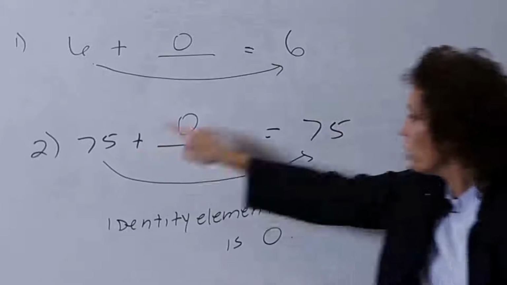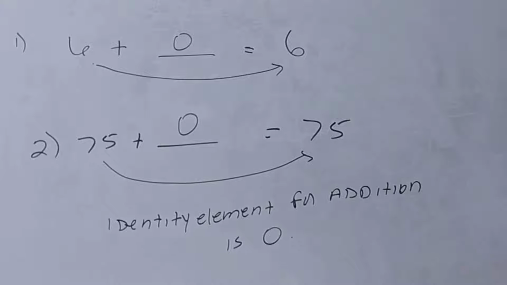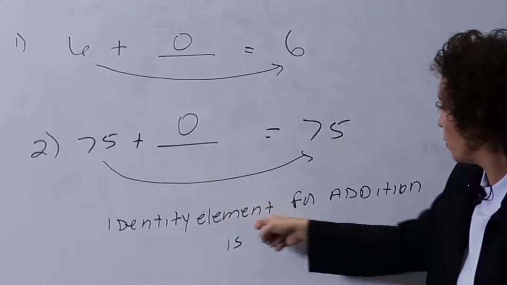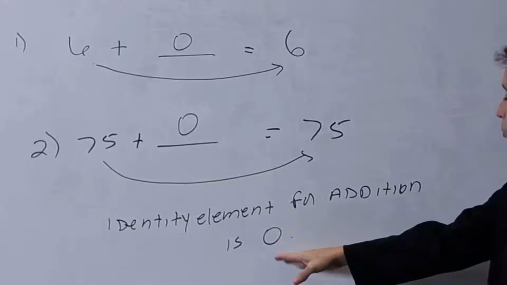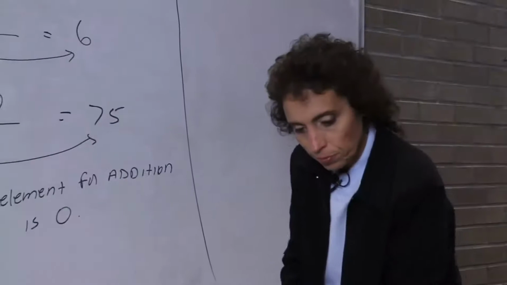Whatever you start with, you get back to. So that's kind of like your identity. You look at yourself in the mirror, you see your identity. Don't scream, but you see your identity. So the identity element for addition is 0, because anytime we add anything to 0, we get back the anything.